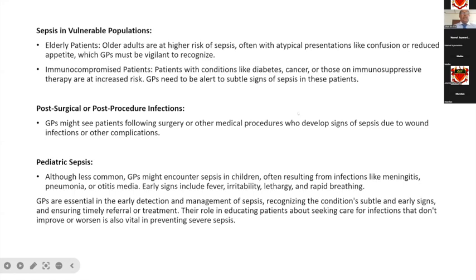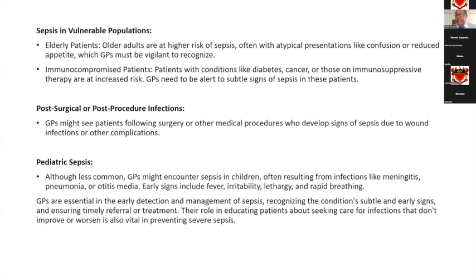And the other thing is sepsis in vulnerable groups. Vulnerable groups include elderly patients, because sepsis can take very quick turns and become very serious in elderly patients.